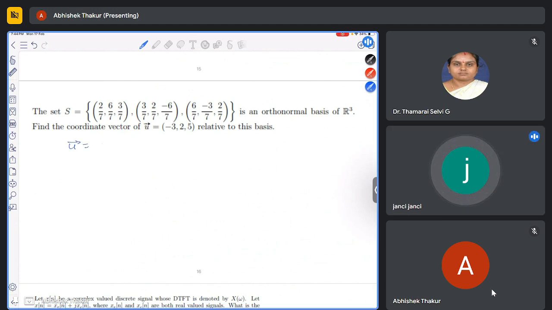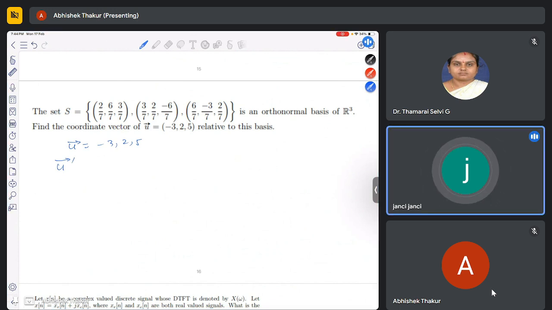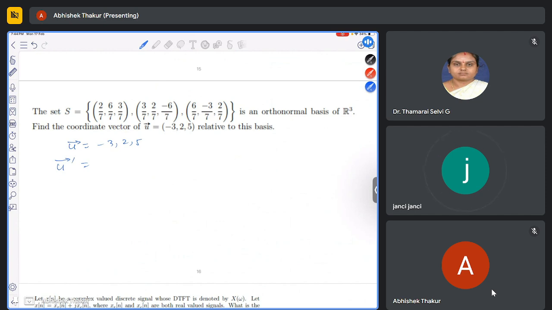Vector U is given as minus 3, 2, 5. There is a formula: relative to this basis, the U dash vector will become U dot V1, comma U dot V2, comma U dot V3.